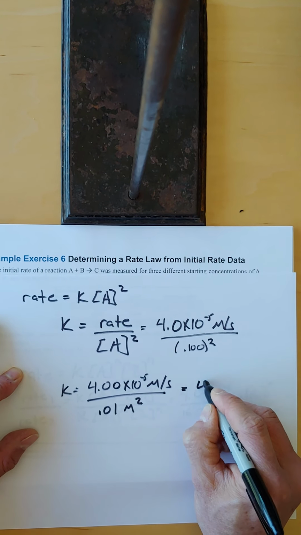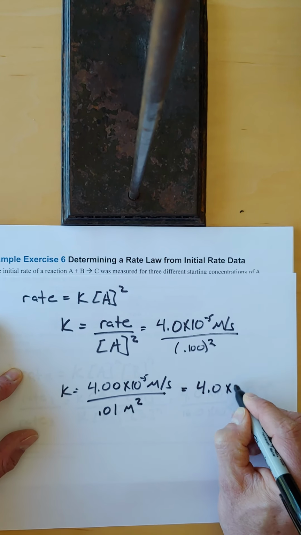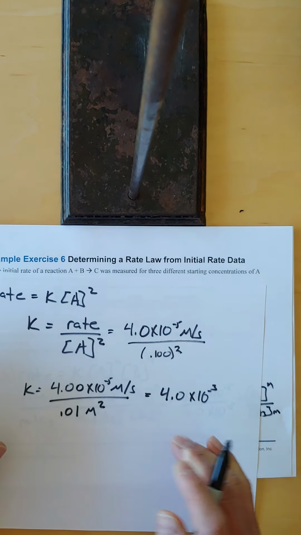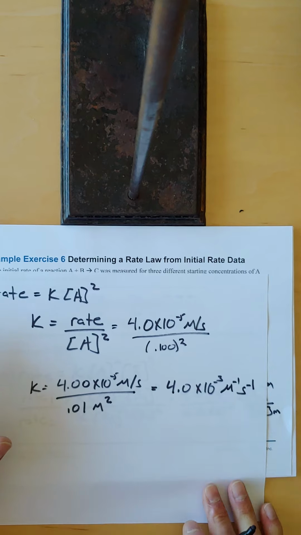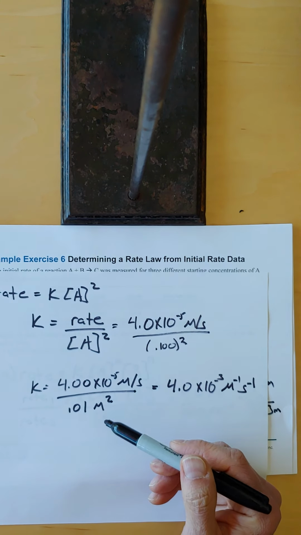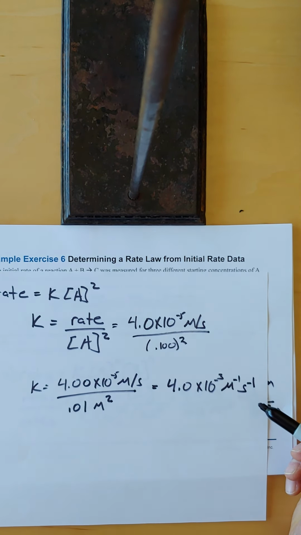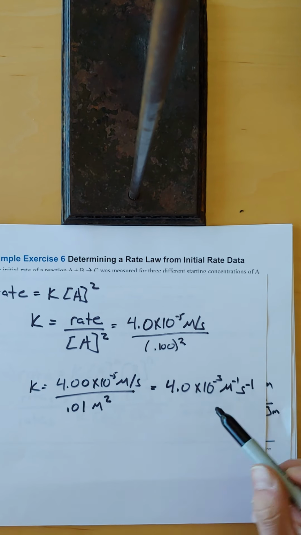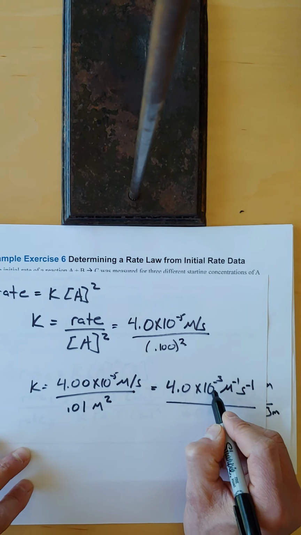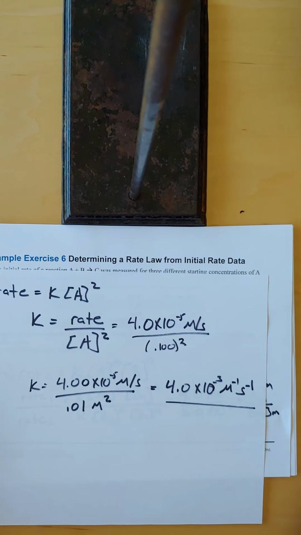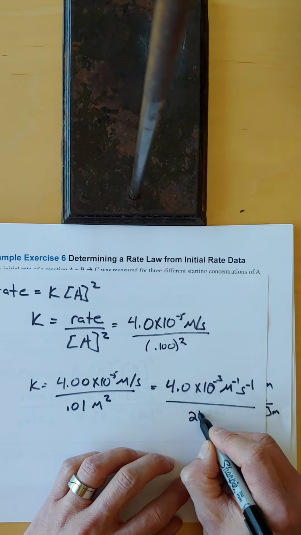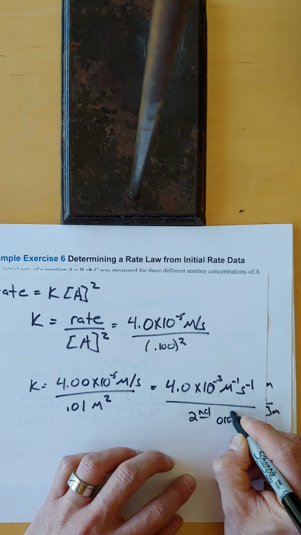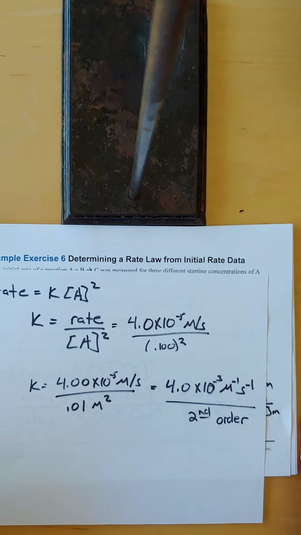That equals 4.0 times 10 to the negative third molar to the minus 1 seconds to the minus 1, because molarity divided by molarity squared gives me a molarity to the minus 1. So that's my value of k: 4.0 times 10 to the negative third molarity to the minus 1 seconds to the minus 1. And again, that's because it's a second order reaction. There are different units of k depending on the order of the reaction.